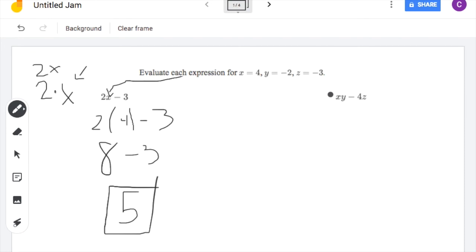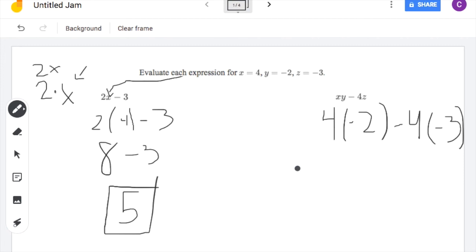So for x, you're going to plug in a 4, pretty simple. For y, you're going to plug in a -2, pretty simple. And then next to the -4, you're going to plug in a z, which is -3, right? And you're set up. And then basically what they're expecting you to do is order of operations.